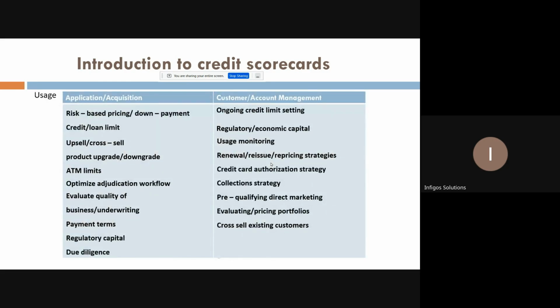There are two kinds of scorecard: application scorecard, which is also called acquisition scorecard, and behavior scorecard, which is also called account management or customer management scorecard. With the application scorecard, it's more about denying credit or giving credit, setting up the upsell or cross sell, product upgrade, product downgrade.